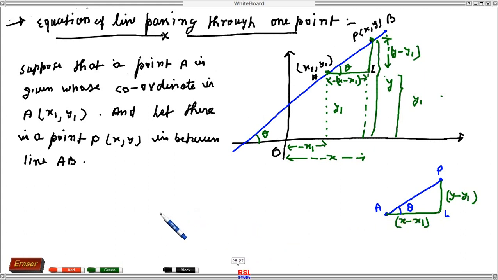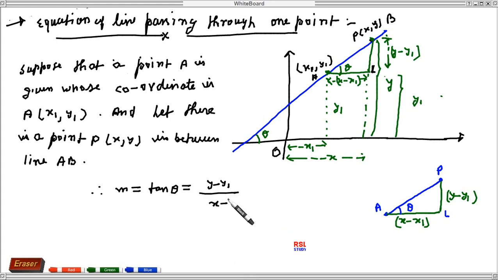Hence m equal to tan theta will be y minus y1 over x minus x1, that is height over base. Tan theta is the famous formula, height divided by base.